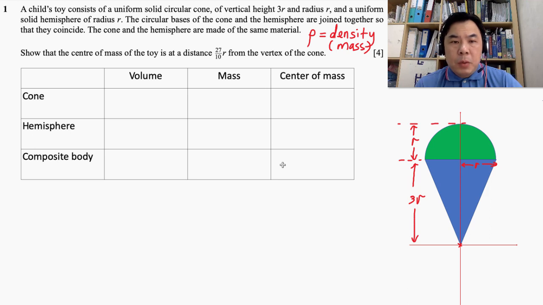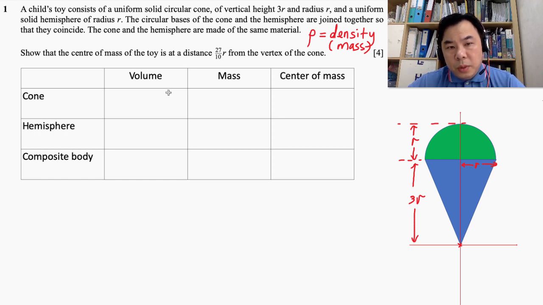Then we can find its mass by using the general representation of the mass density, and then we can find its center of mass also at this point. Now let's start with the cone itself.